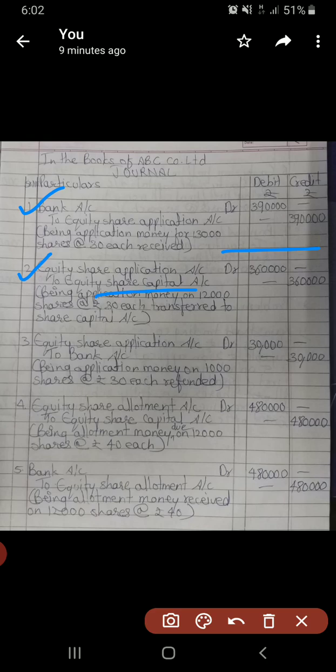Now here you have to be careful while transferring the amount. You have to transfer the amount only for 12,000 shares, because the remaining 1,000 we are going to refund.